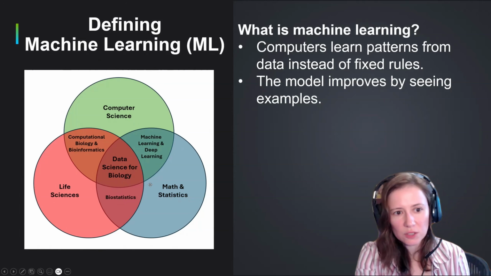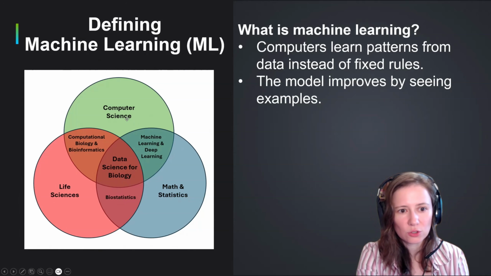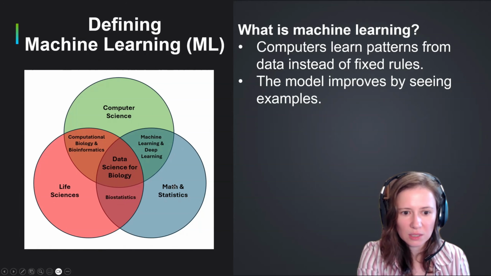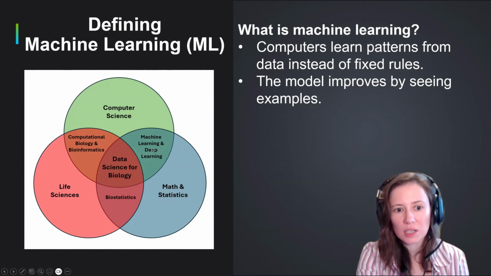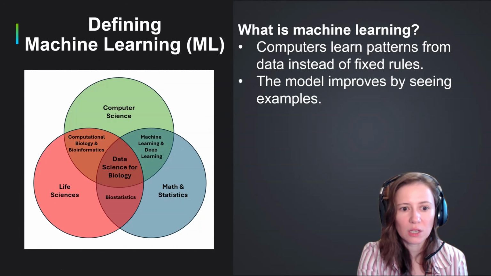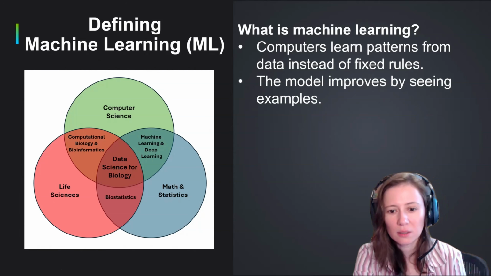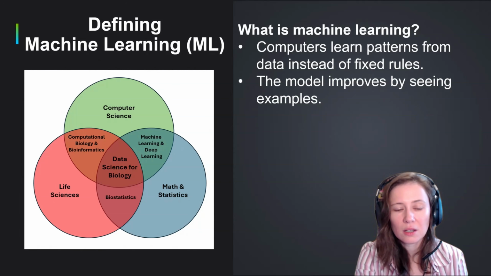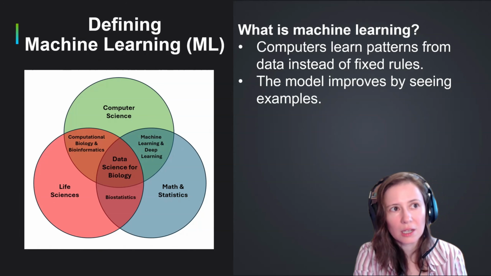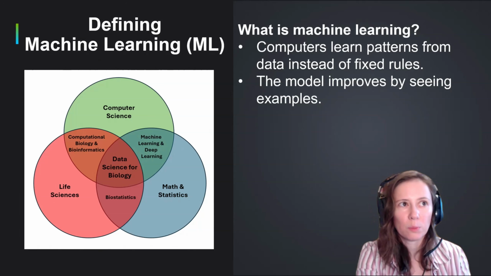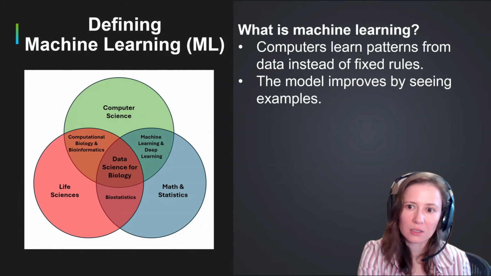So the objective of this course is to introduce you to some computer science, some algorithms, some statistics and math to help you develop these machine learning skills, so you can start to figure out how these techniques and how these machine learning methods can be used on your own data to extract new insights, more focused towards data-driven techniques rather than hypothesis-driven techniques.